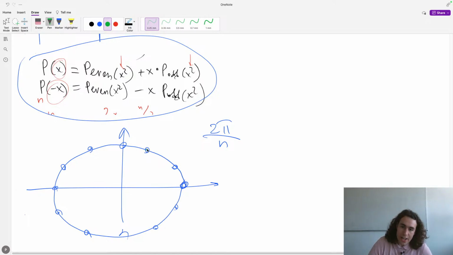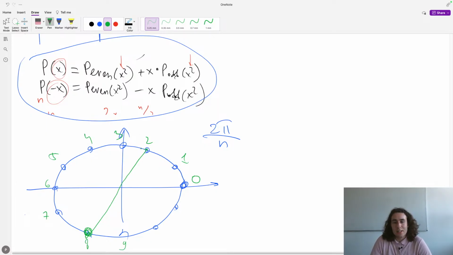So it's the value on the other side of the circle. So it's the symmetric one. And if these are the order of our roots, 0, 1, 2, and so on, then if this is index j, the opposite is j plus n half, right? It should be on the other side of our cyclic array. Let's think that our array is cyclic.